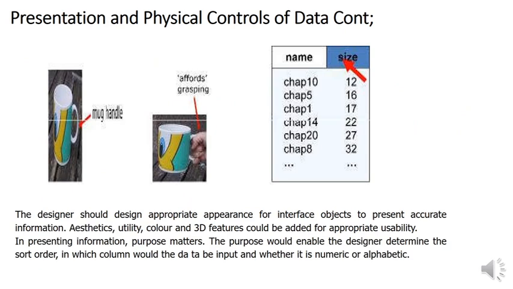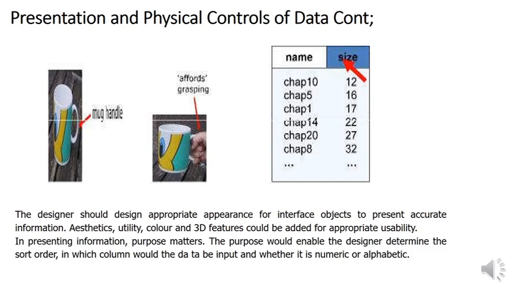Presentation and physical control of data. So just look at the example here. Designers should design appropriate appearance for interface objects to present accurate information. Aesthetics, utility, color, and 3D features could be added for appropriate usability.